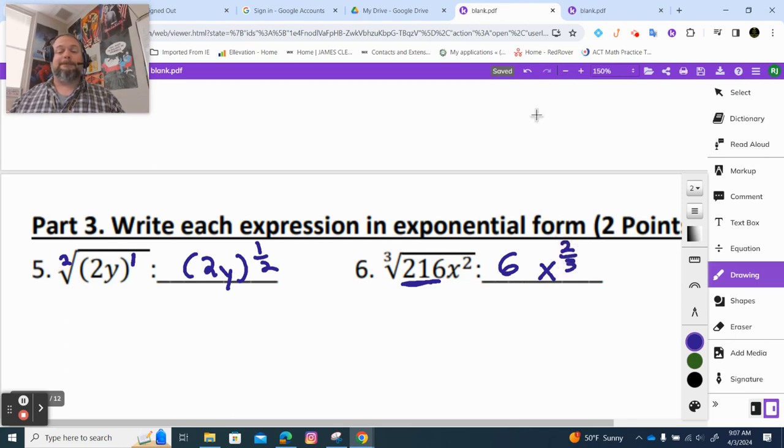Yes, ma'am. It did not say simplify. You're correct. So I need to fix that for the test. Or if I put just on number 6, this problem will simplify. Please simplify this problem. Yeah, either way.